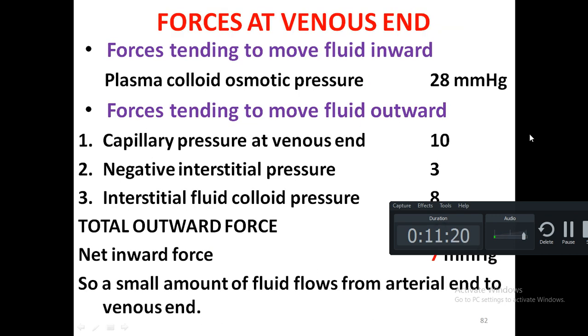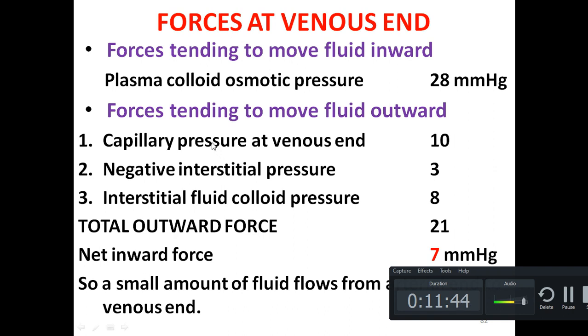Now at the venous end of the capillaries, the only force that is tending to move fluid inward is the plasma colloid osmotic pressure, which is about 28 millimeter of mercury, whereas the other three forces are tending to move fluid outward. Number one is the capillary pressure.